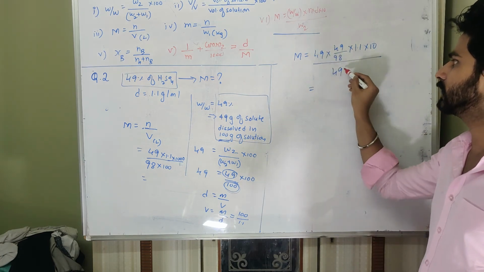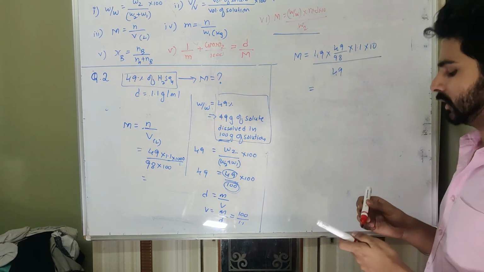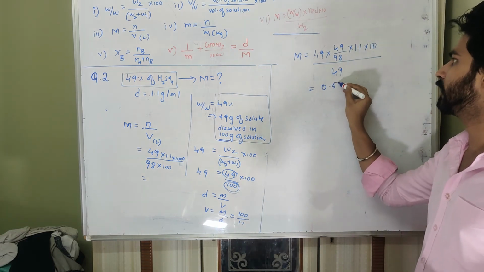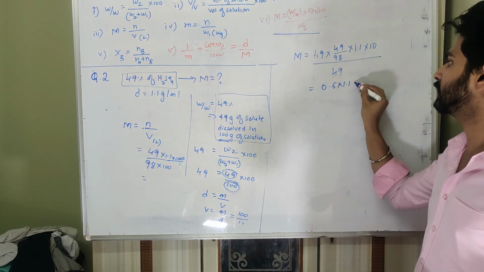So this will get cancelled. Now this is 0.5 into 1.1 into 10.